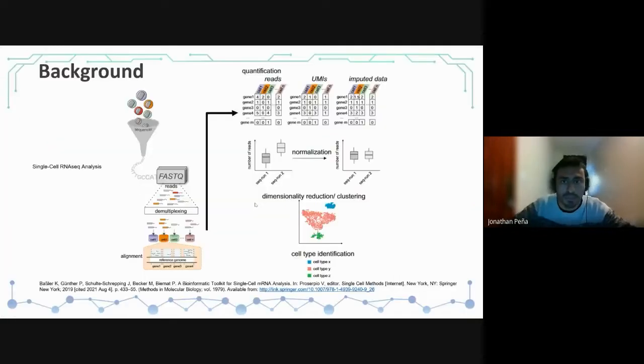Just to introduce the context of the paper, in the pipeline of bioinformatic analysis of single-cell RNA-seq, we first do alignment, then quantification, normalization, and after that we do dimensionality reduction and clustering. And once we have the clustering, we need to identify the cell types.